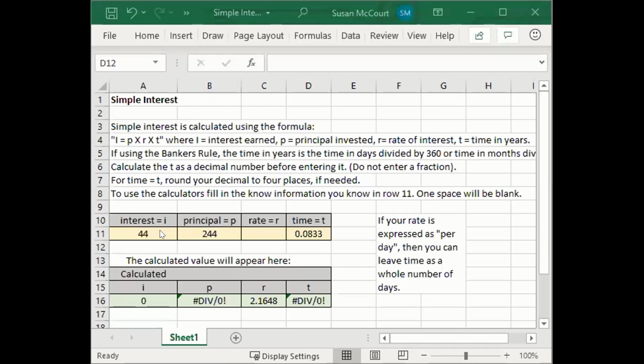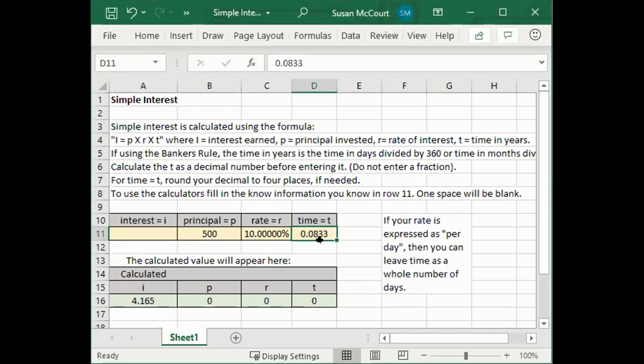So going to our simple interest calculator, I'm going to blank out interest. For our principal, we're putting in 500. Our rate is 10%. And our time is 0.25. So that calculates an interest of 12.5.